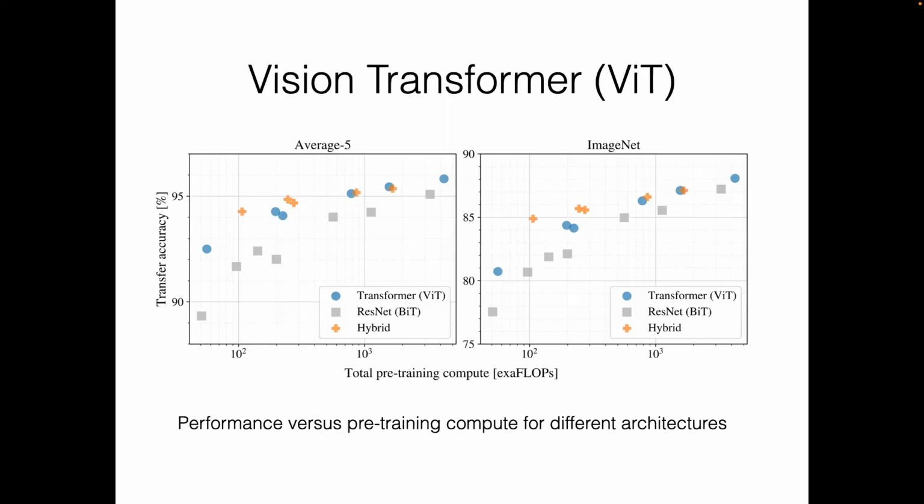And here you have the transformer, and you can see this pretty favorable scaling with the transformer architecture. In fact, it's more favorable than the ResNet. They also tried combining the two to have a hybrid, and you can see it also performs pretty well, especially at lower pre-training compute. But I think one thing they wanted to demonstrate here is that if you go to really high levels of compute, even this hybrid architecture didn't matter too much, and you can just use the transformer.